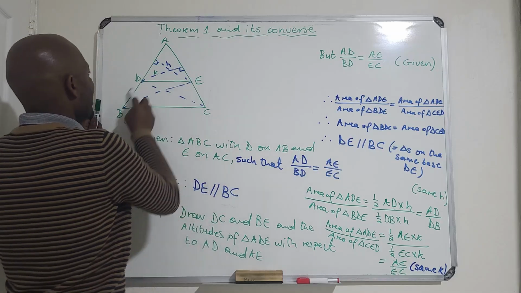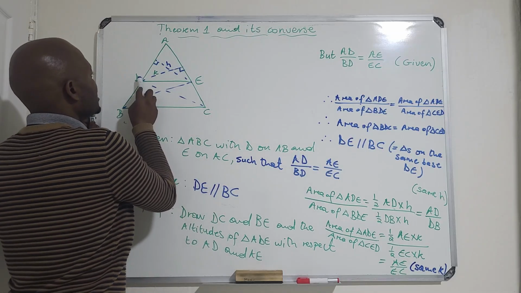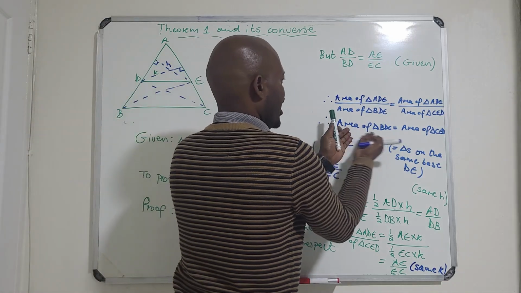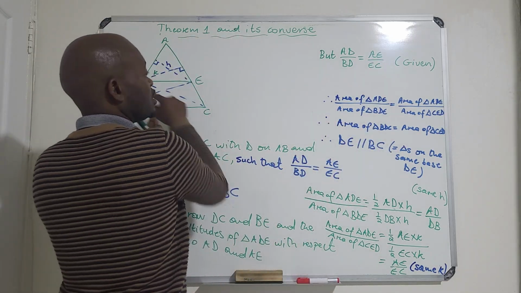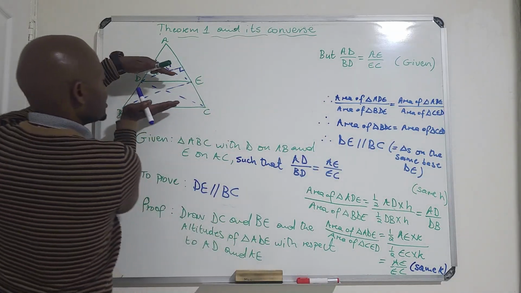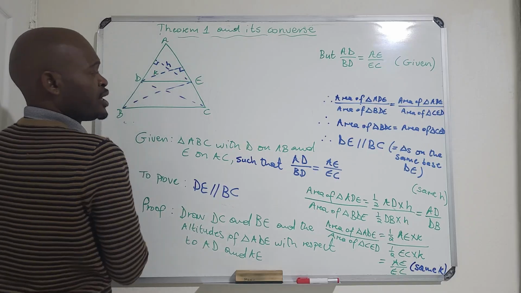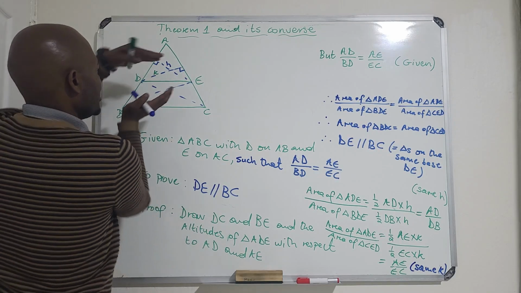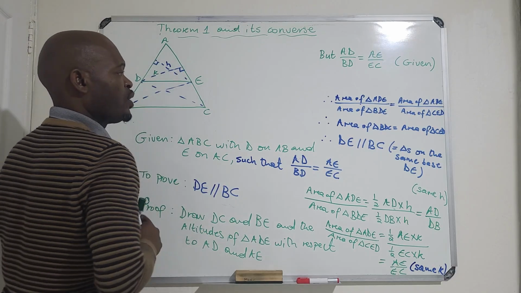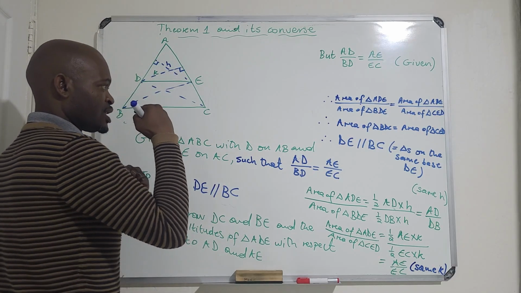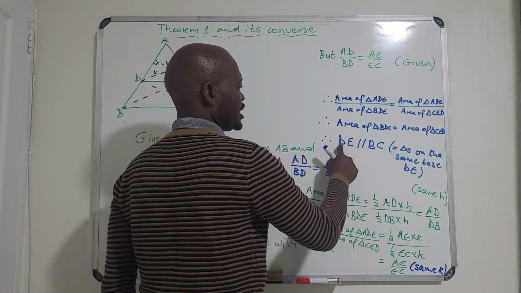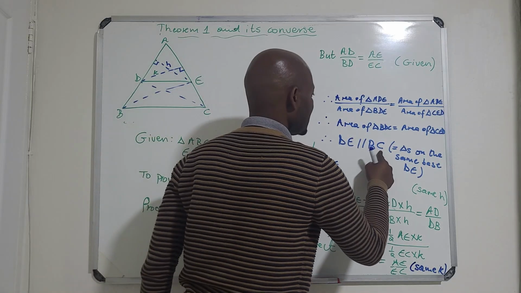Obviously, if the area of this triangle is equal to the area of this triangle, it means that the two triangles have equal heights. And if they've got equal heights, it means that they are within the same parallel lines. Therefore, that is why here we say DE is parallel to BC.